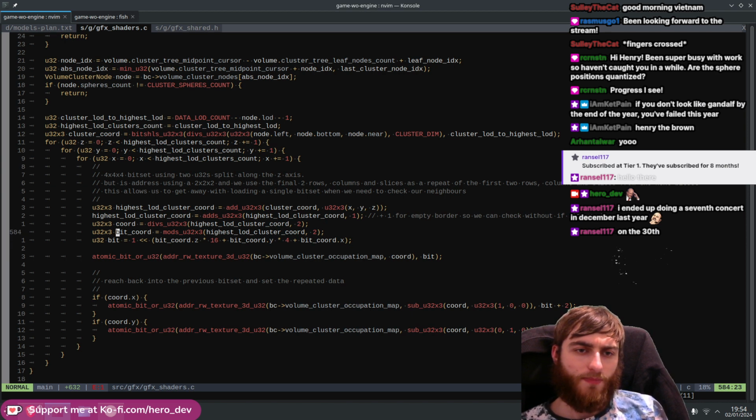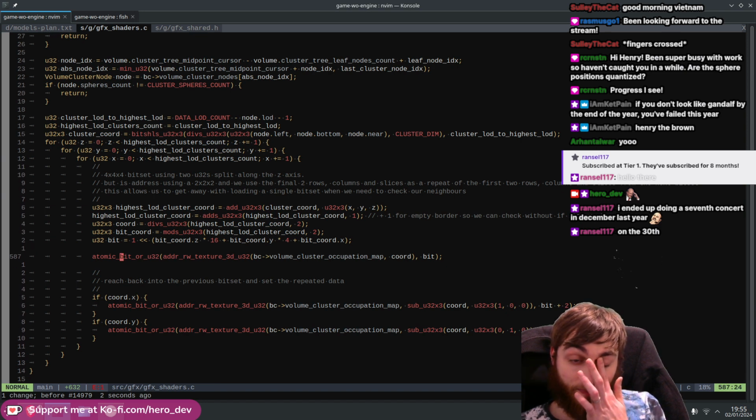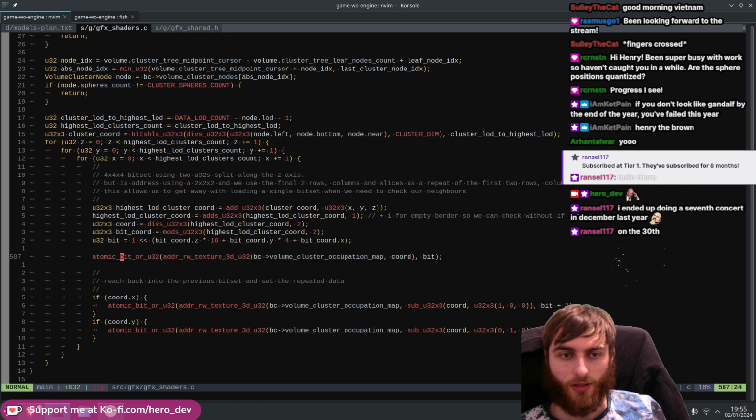So this gets the bit coordinate in 3D within the bit set. Then we flatten it out into an index. So that's the bit you're gonna set, right? Then you basically atomically OR that into that U32.